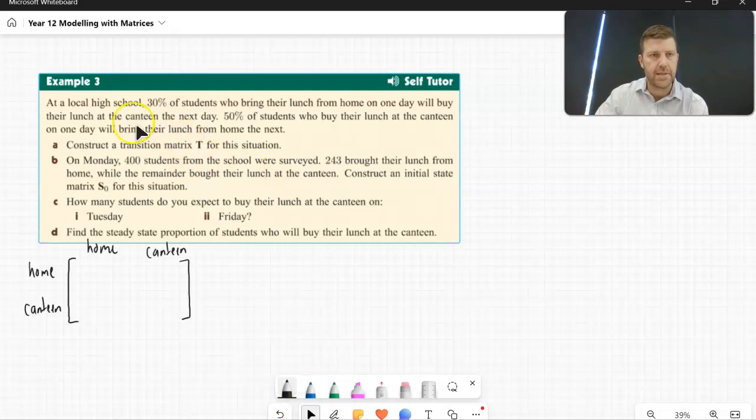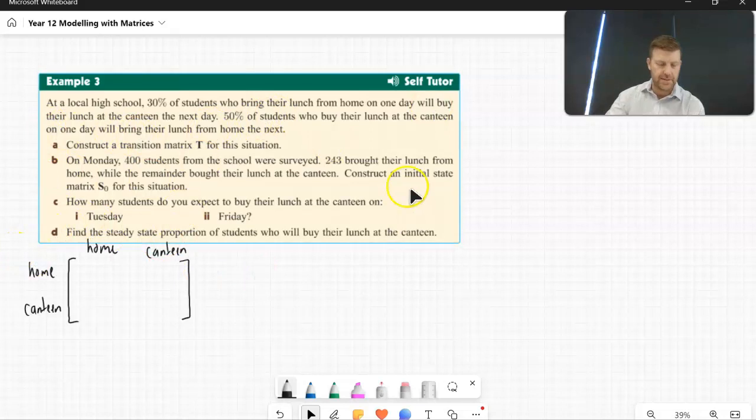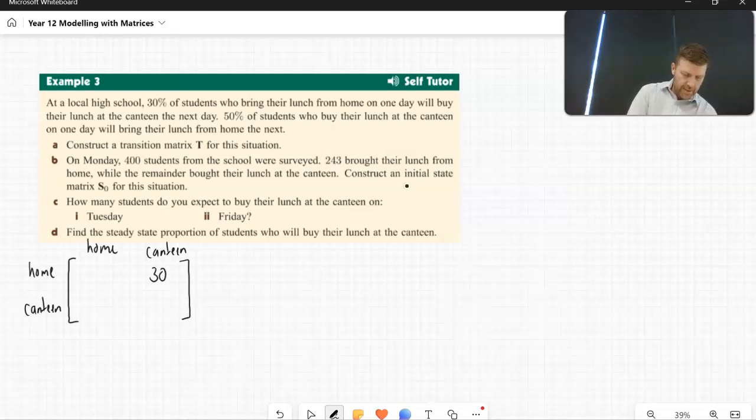We said that initially 30% of students who bring their lunch from home will buy their lunch in the canteen the next day. Okay, so 30%, which means 70% of those people that bring their lunch from home will also bring their lunch from home again the next day.